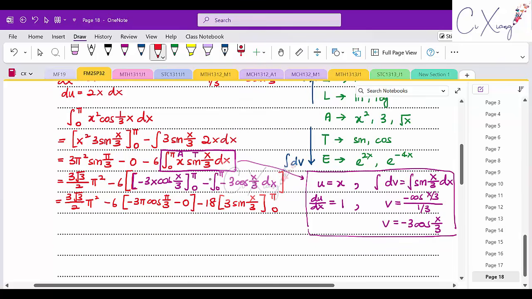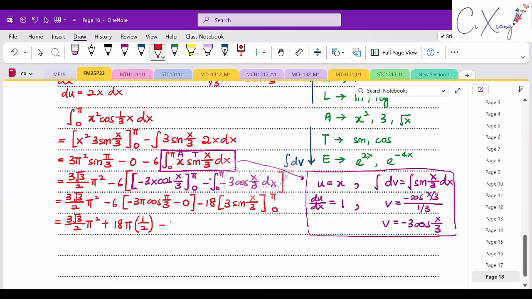Then again, go slowly, because this question looks very complicated. Just want to make sure that everything goes correctly without any careless mistake. Negative 6 times negative 3, I have positive 18 with the pi. And then cos pi over 3 means cos 60 degrees, you'll have half.